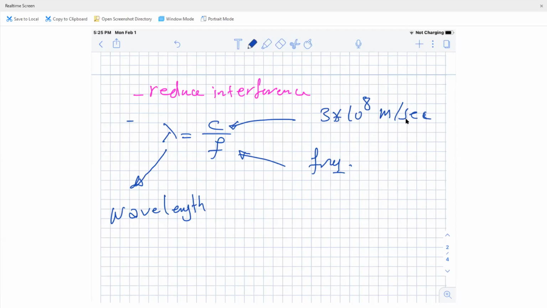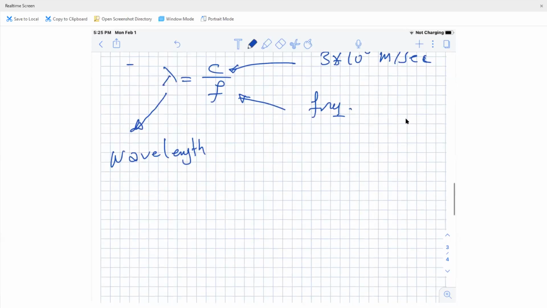Now, length of antenna is proportional to what? To the lambda, I mean the wavelength. So we have different kinds of antennas, for example, lambda by 2, lambda by 4, and so on. These are the lengths of the antennas. Of course, unit of the lambda will be in meter.